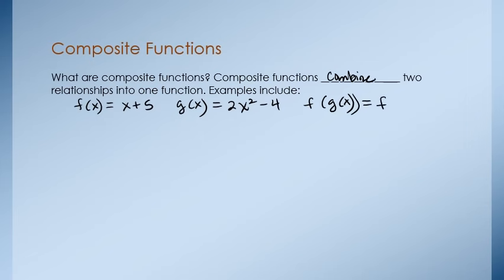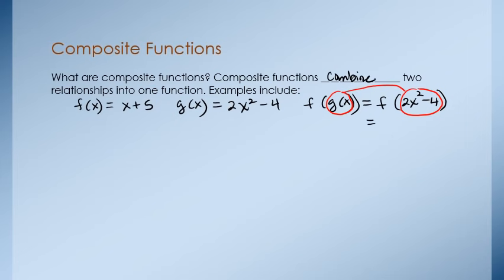And so in the place of the g of x that we defined as 2x squared minus 4, we would put that into the position of g of x, because they really are equal, so they can be substituted for one another.